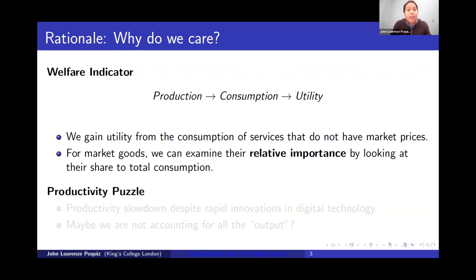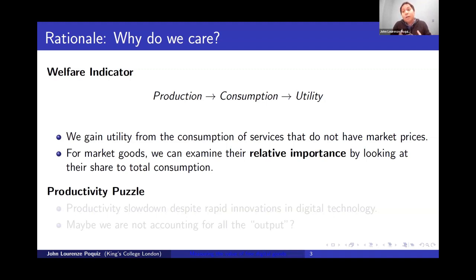However, recently, we're gaining a lot of utility from the consumption of services that don't have a market price, and generally, goods and services that don't have a market price are not reflected in GDP. Also, for market goods and services, we can examine their relative importance by looking at their share of, say, overall consumption or overall production.